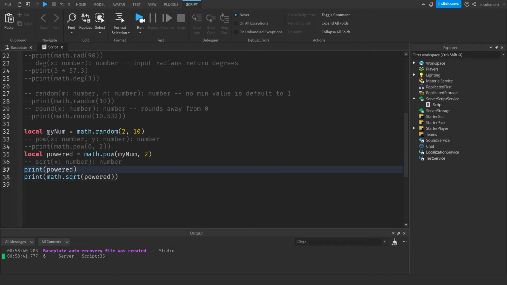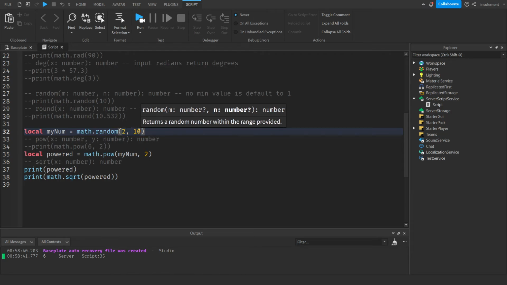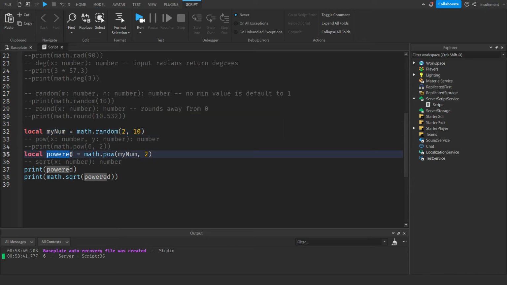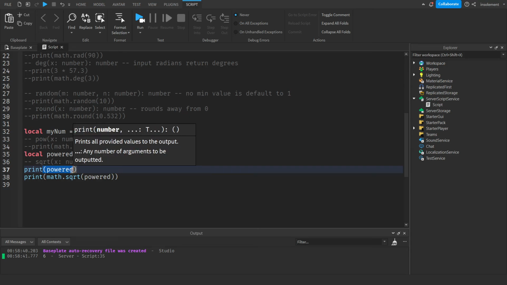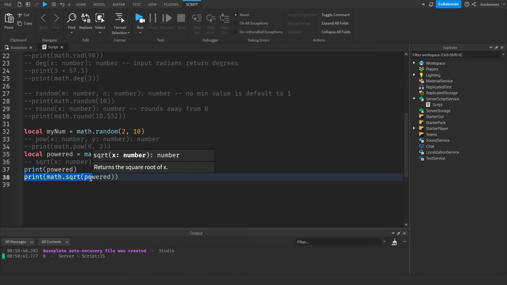So what this is, we're making a variable, we're declaring it, we're initializing it, using math.random, we're getting a random number between 2 and 10, and whatever number we get in between, we're going to use it down here. We're going to use math.pow, whatever number we get, we're going to square it, and it's going to be set back to here. Then we're going to print powered, and then we're going to print math.sqrt, so it changes back to powered, right?